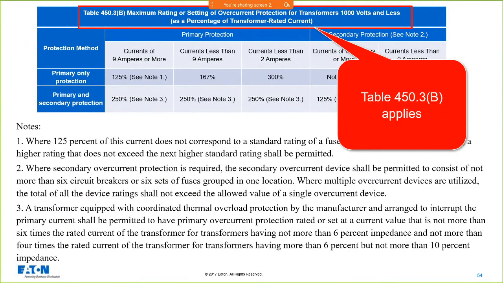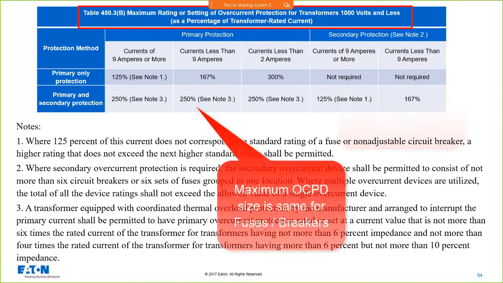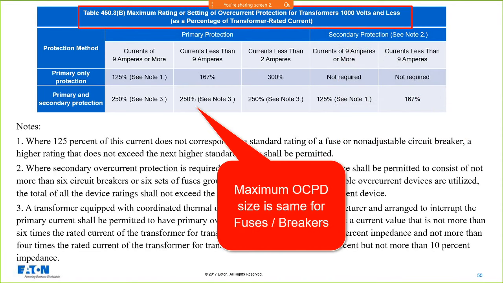All right, so this is table 450.3(B), maximum rating or setting of the overcurrent protection for transformers 1,000 volts or less. That's the one that we're going to be using. And if I'm doing primary and secondary protection, and I do talk about primary protection only, we'll hit that after we get through a little bit further here.